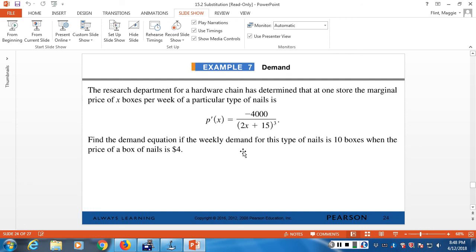Since that is P prime, then the function is the function for price, which means it's the demand, and it asks us to find the demand equation. Price is part of the demand equation. The other part of the demand equation is the quantity. Okay? So the first thing we need to do is integrate that function. So that's what we're going to do.